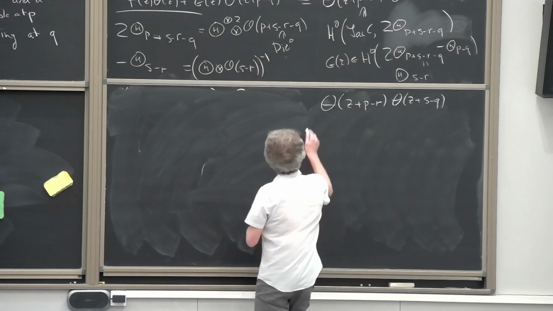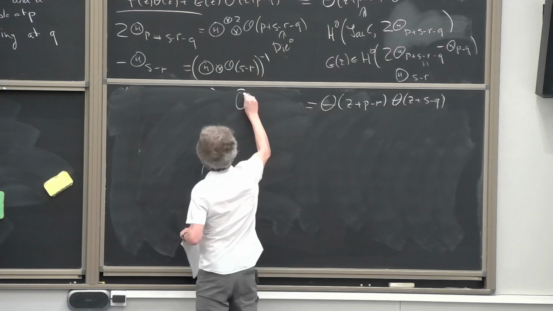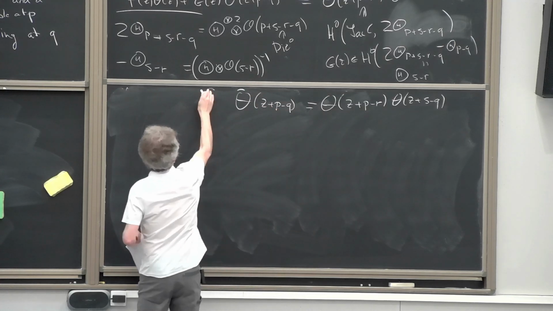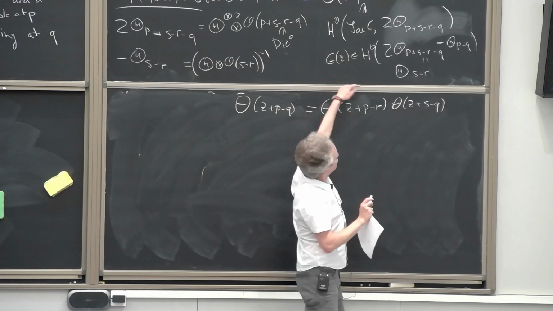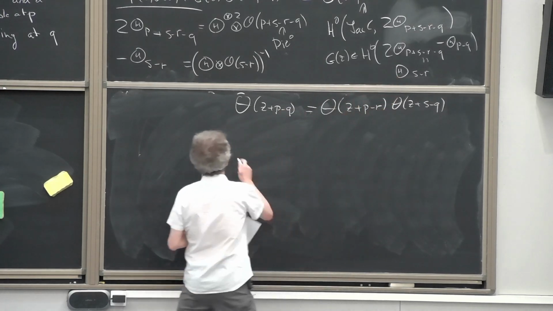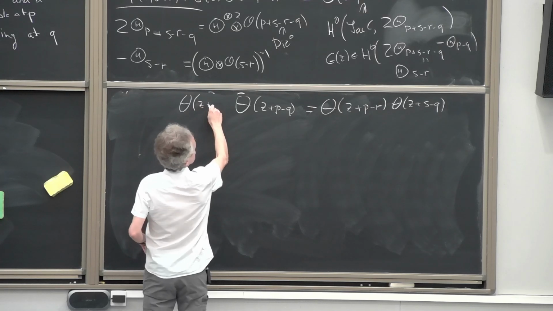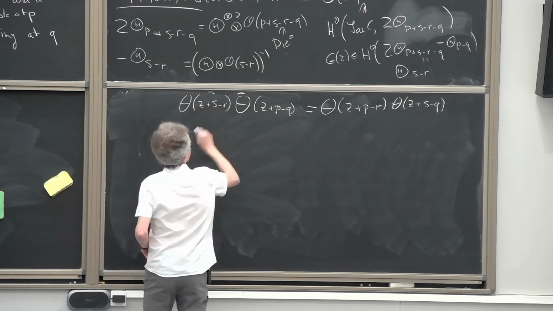I want to say the following. If I have this theta of z plus p minus q here, what I really have to multiply it by is some section of theta translated by s minus r. But this is just to say I multiply it by theta of z plus s minus r, right?